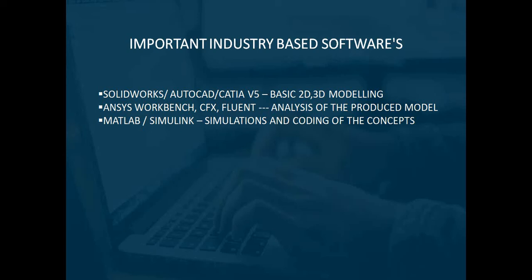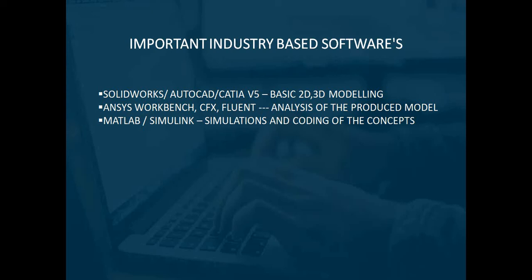The main basic thing is you need to be very good at 2D and 3D modeling, that is SolidWorks and CATIA V5. AutoCAD is also a very good 2D and 3D software developed by Autodesk, so you can use that also to model. In this session, as I progress, I will tell you how to model and everything.